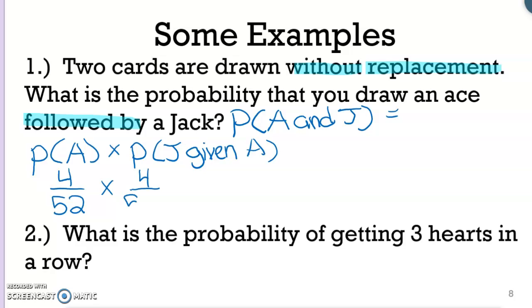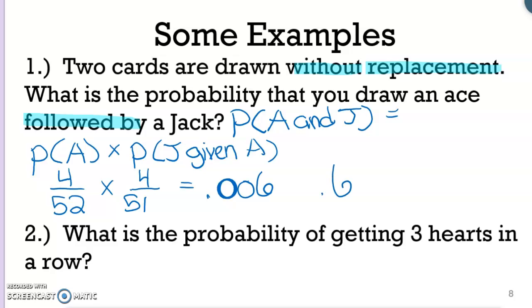There's only 51. So the probability of getting a jack changes once you are dealt an ace. This is how we do this probability. Taking a calculator and doing 4 divided by 52 times 4 divided by 51 gives me 0.006.